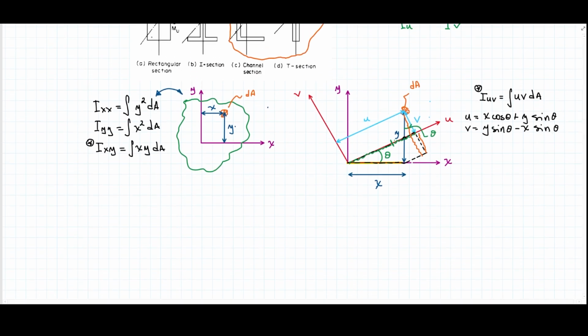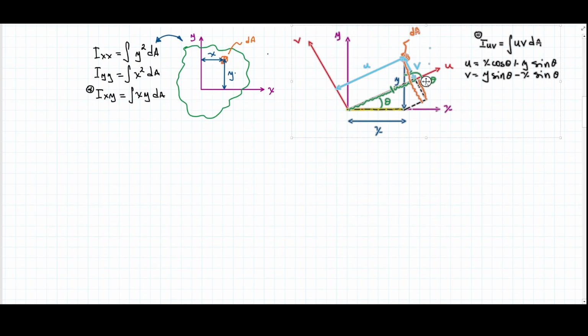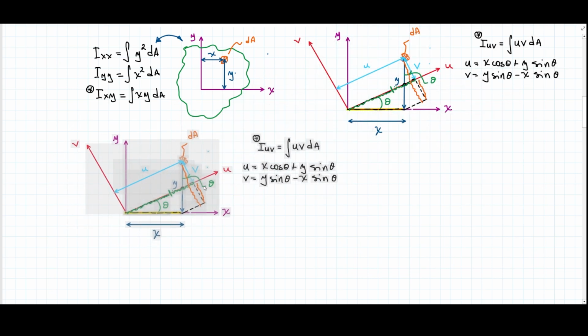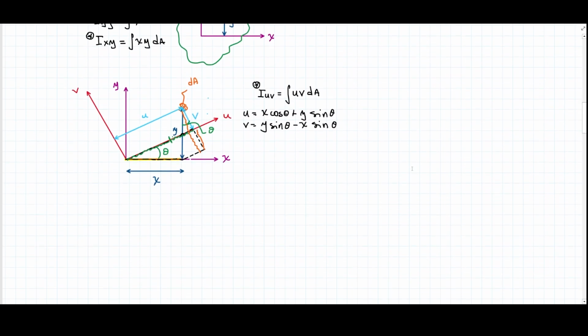Let me extract this one from here. So we're going to be using this as a reference. I'm going to move it to here. Yeah. Then this, who is the product second moment of area? This one, u, v.